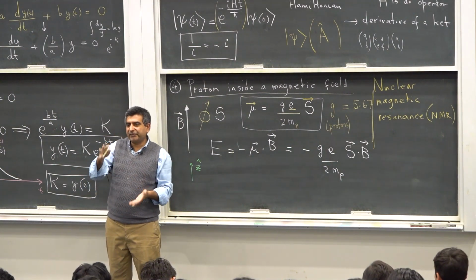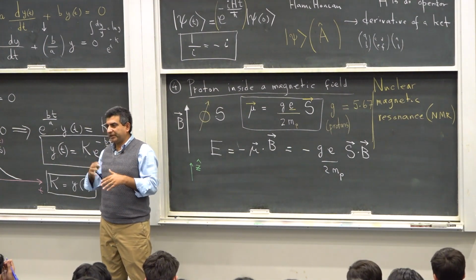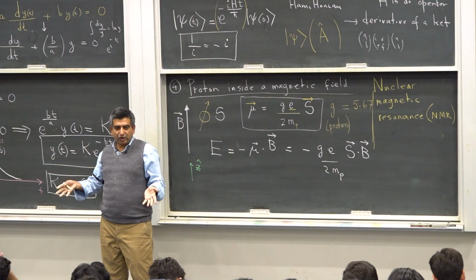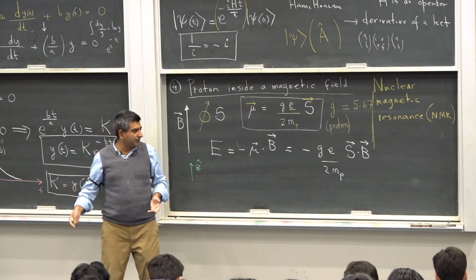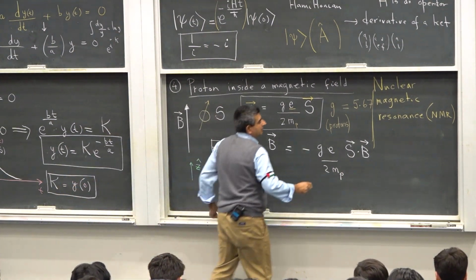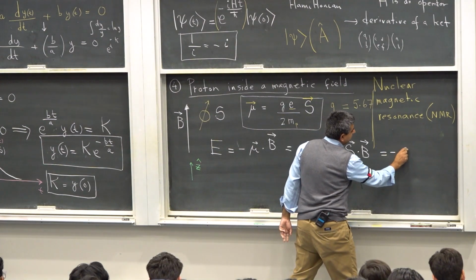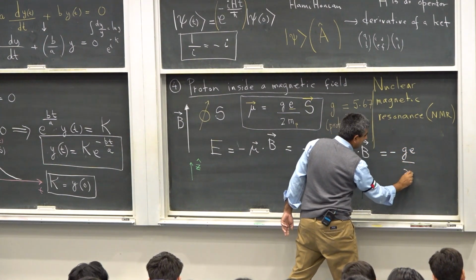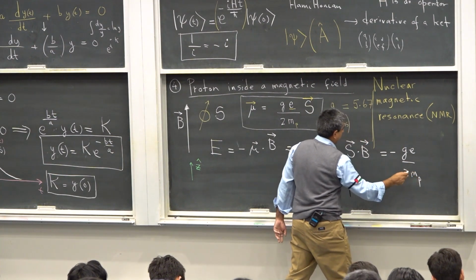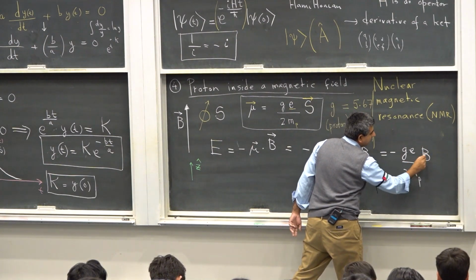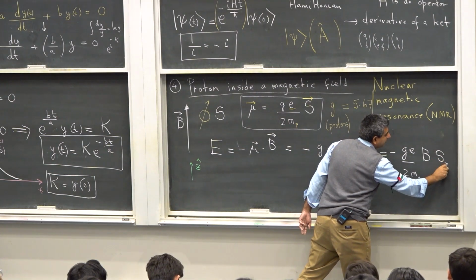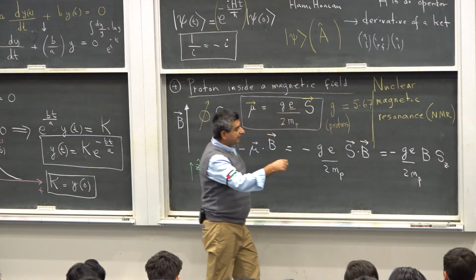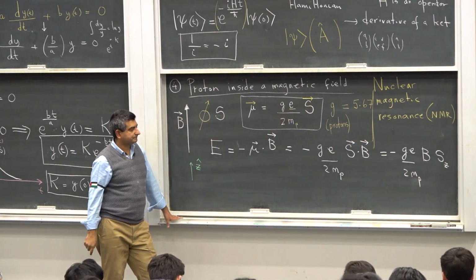It's going to be just the Z component of S multiplied with B, because it's a dot product. So this turns out to be minus g e over 2 m_p B S_z, the Z component of the spin angular momentum.